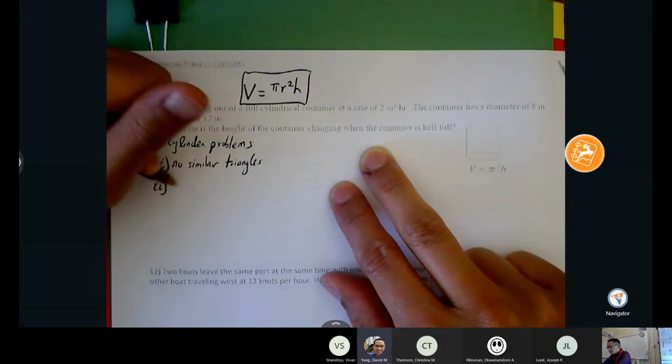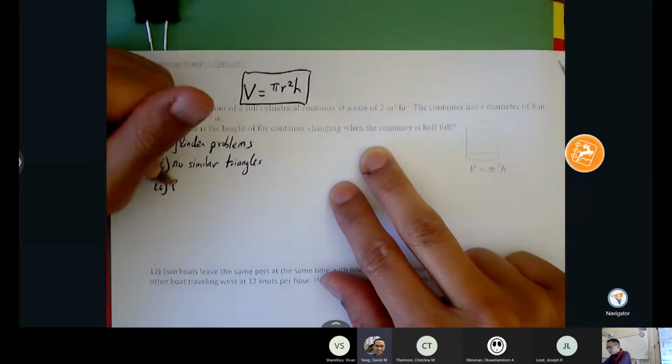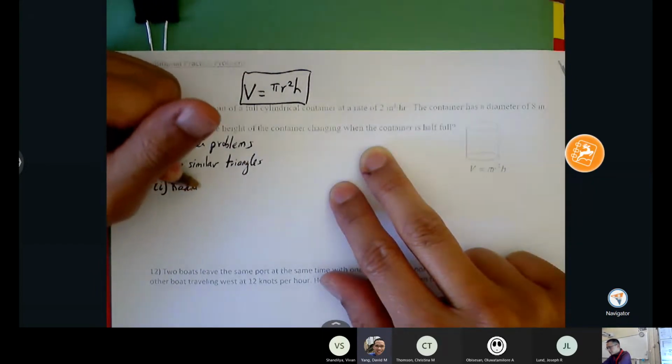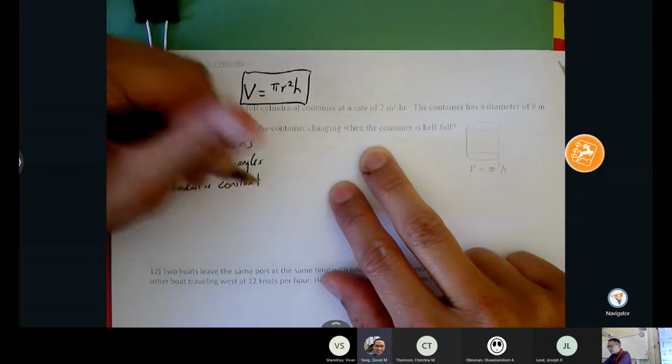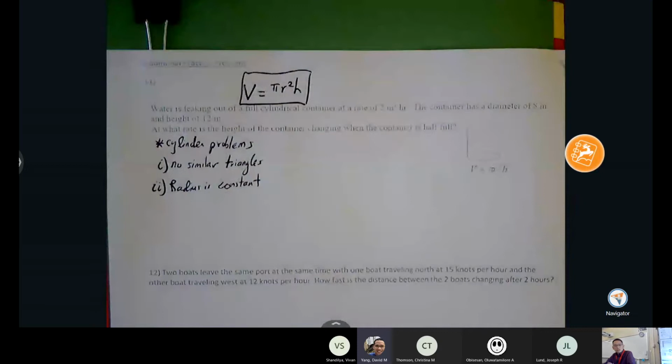The second thing is that the radius is a constant, which will make this problem easier because we should be able to work through it without having to look at a radius variable.